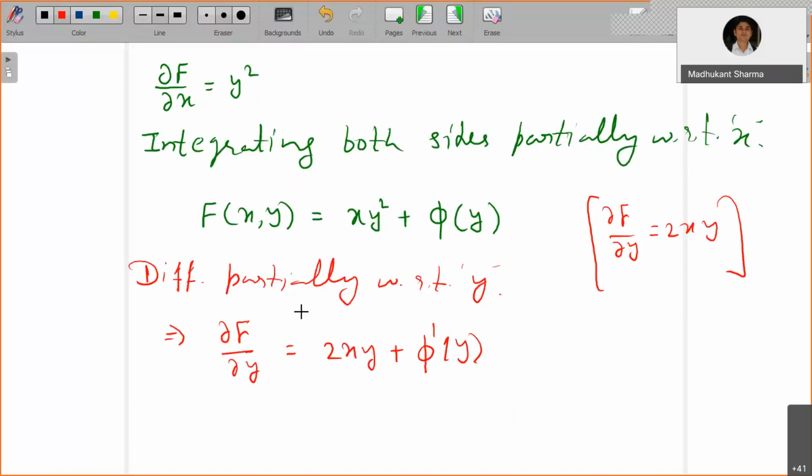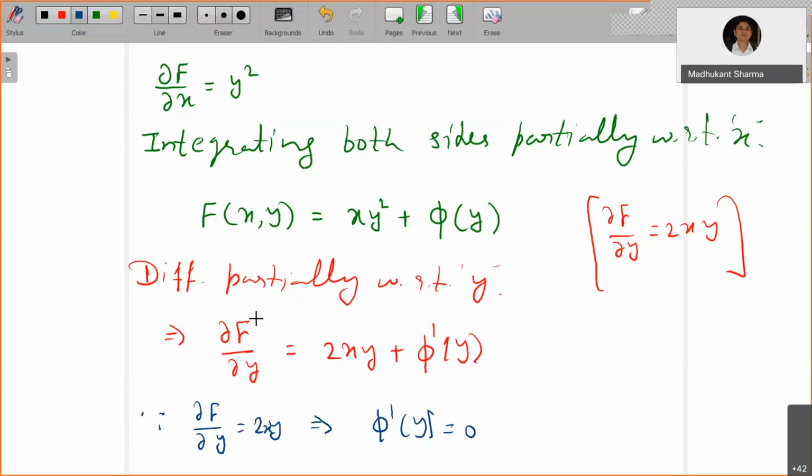Okay, right. Now, since ∂F/∂y equals 2xy, this implies φ'(y) equals 0. Right?